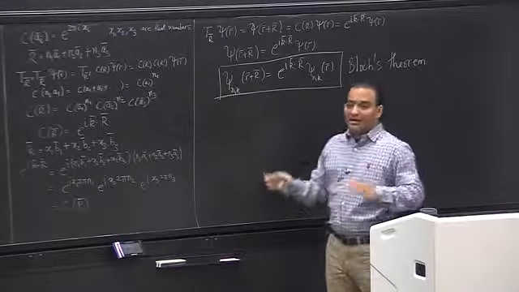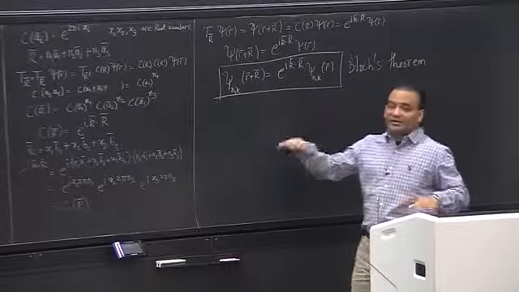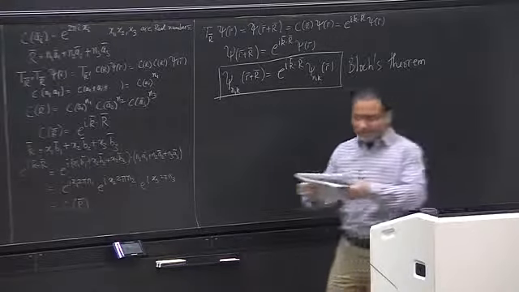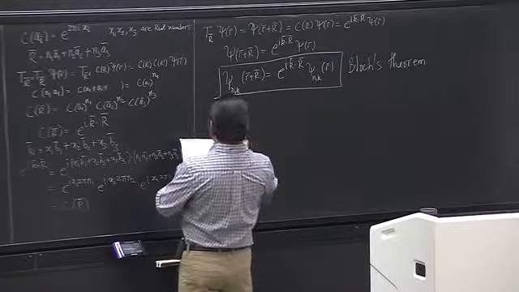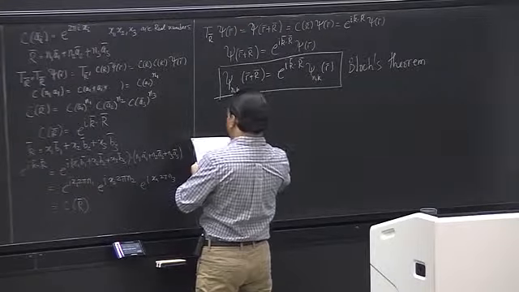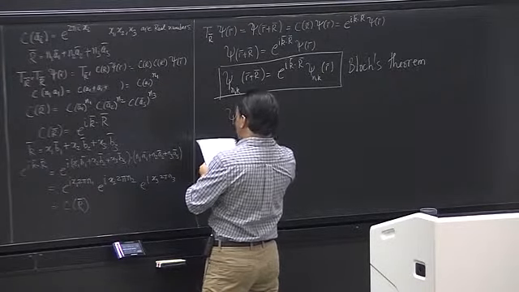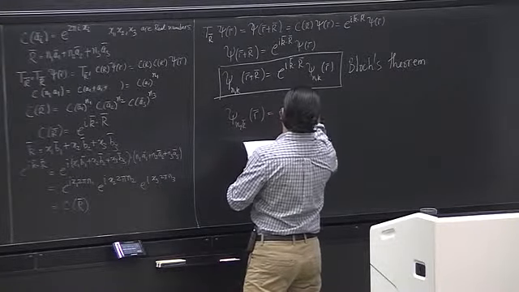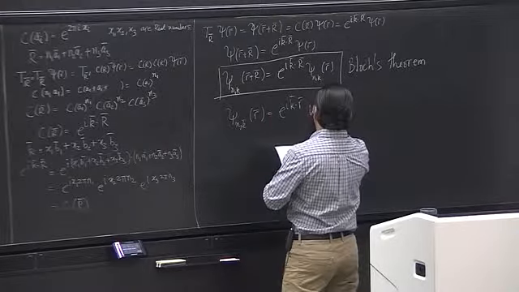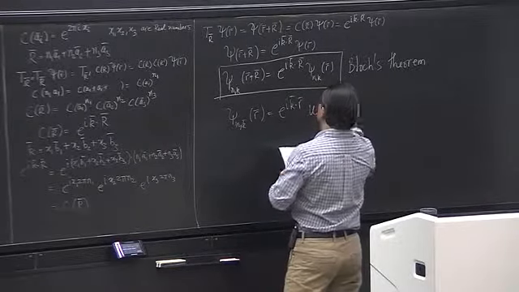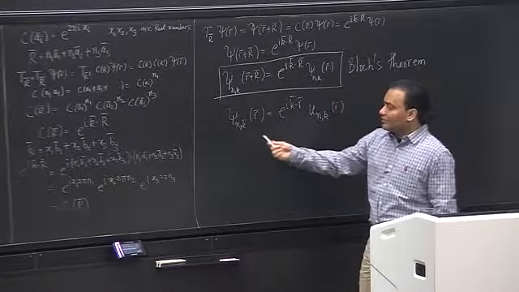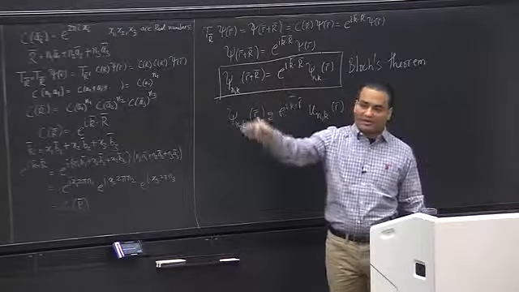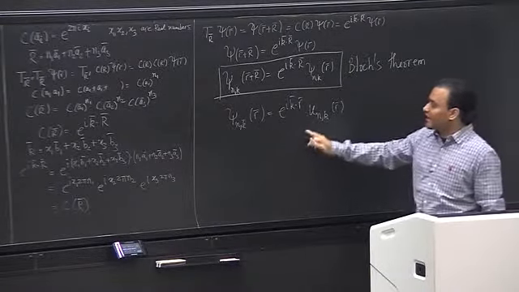Now, just for completeness, there is another formulation of Bloch's theorem, and that is what we are going to do next. This other formulation says that these eigenstates psi n k of r can be written as a plane wave.